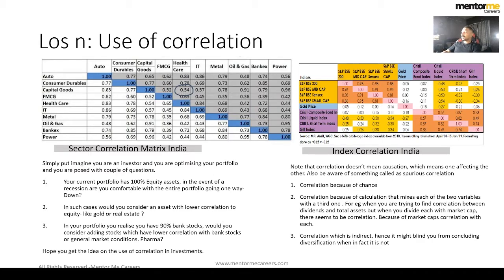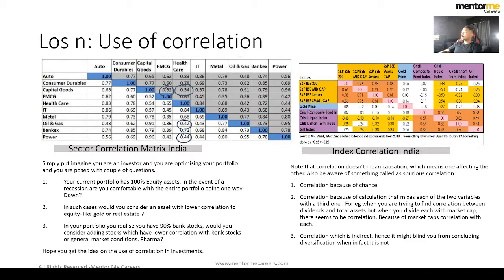Let's see if there are any other sectors which have lesser correlation. Probably not. Probably FMCG. Then you can also try to see which sector has the lowest correlation with the healthcare sector. Again, you will see that probably it is oil and gas or power. So that helps a portfolio manager, a fund manager, in deciding, also from the perspective of reducing the risk from business cycles.